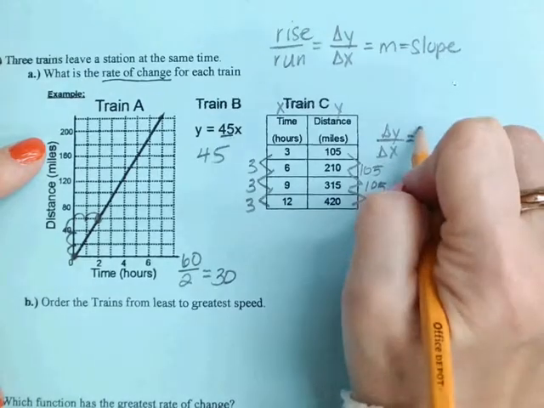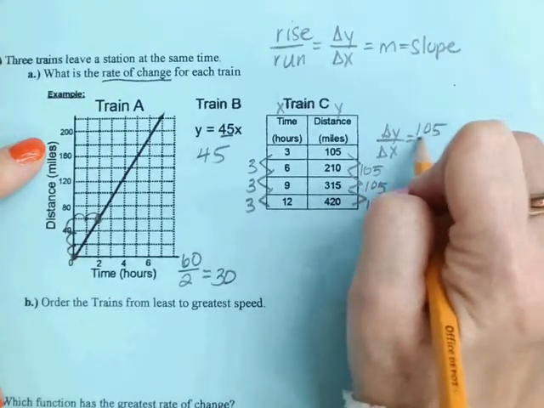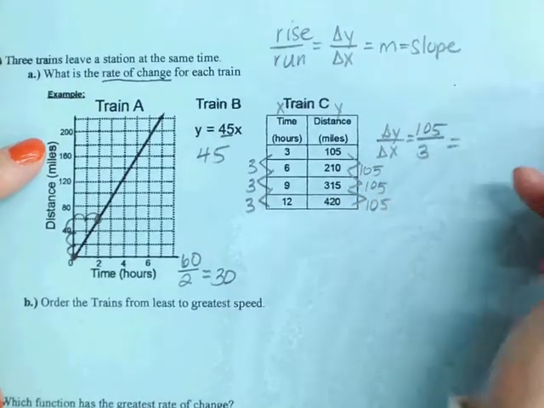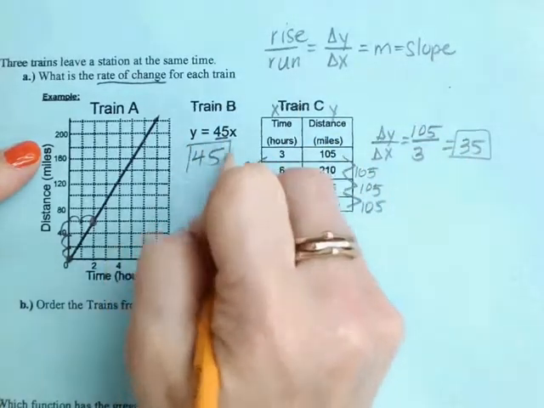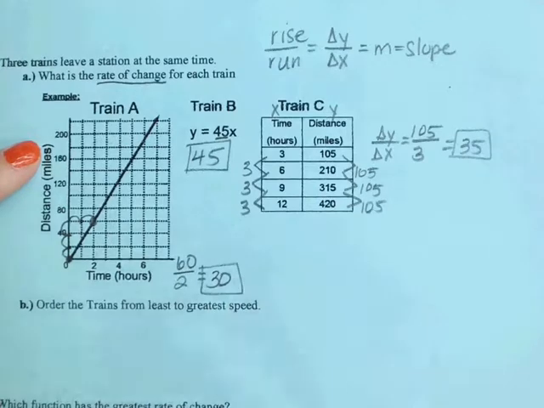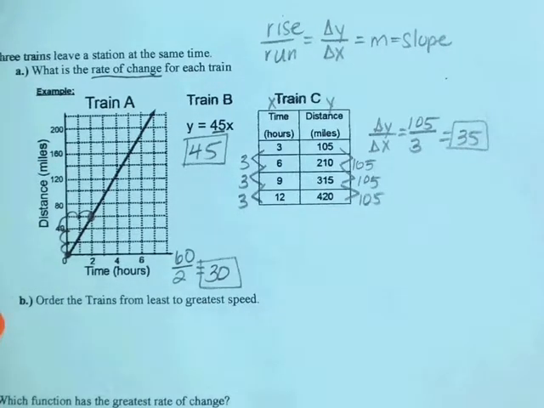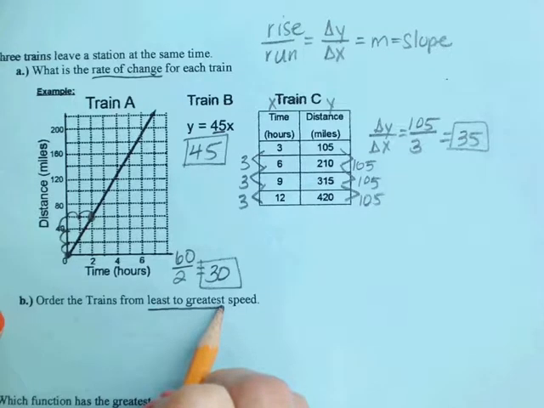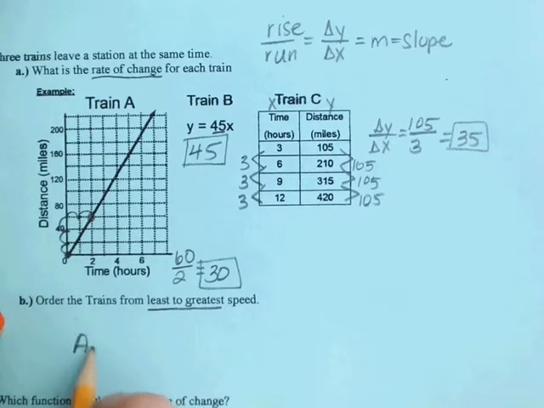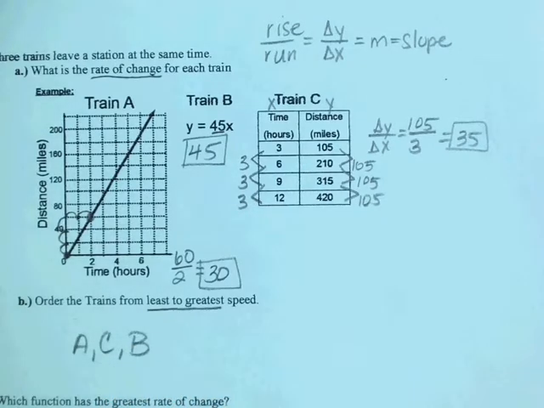So when I write the rate of change for C, it's 105 divided by 3, which simplifies to 35. Okay, this is the rate of change for each one. Order the trains from least to greatest speed. Okay, least is going to be A, then C, and lastly B.